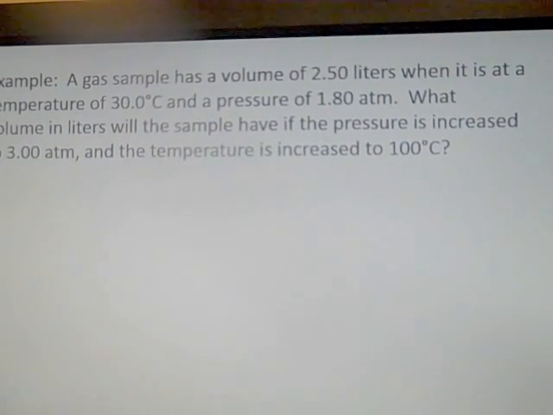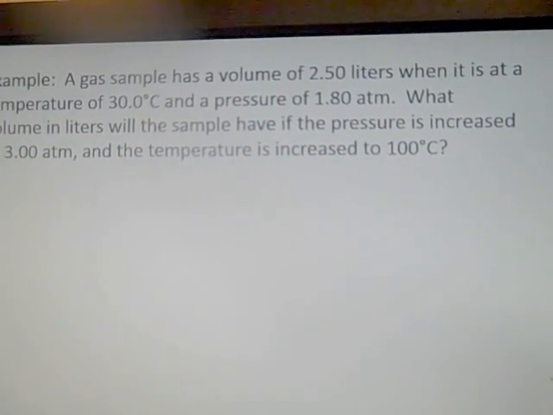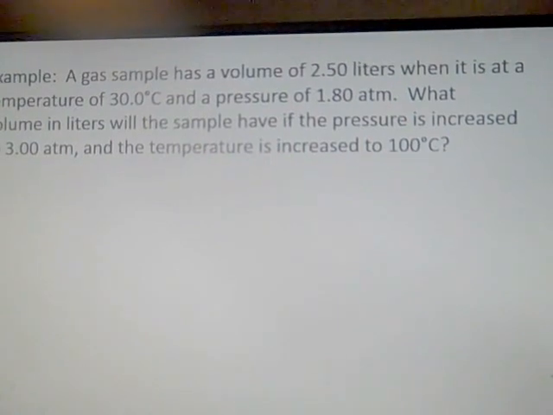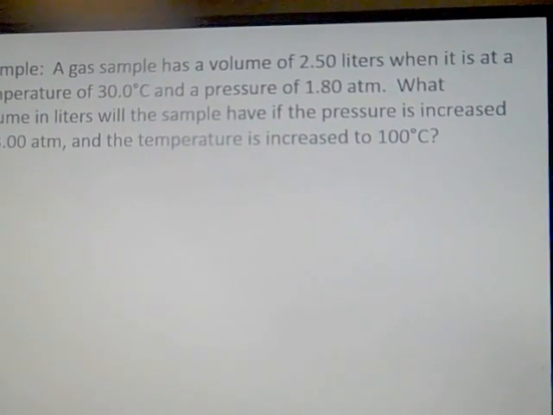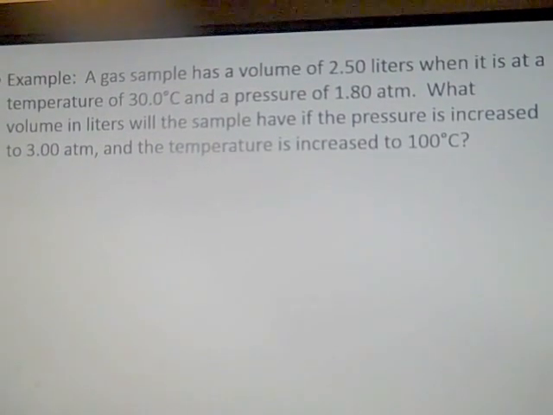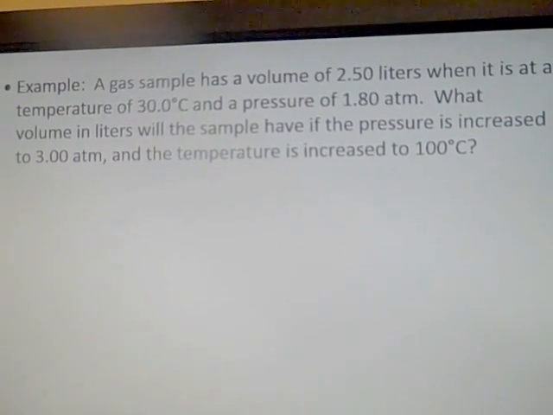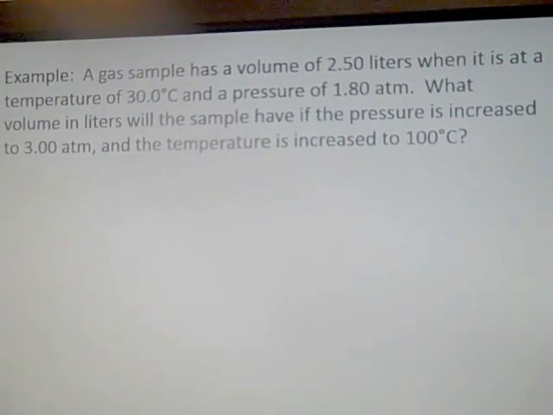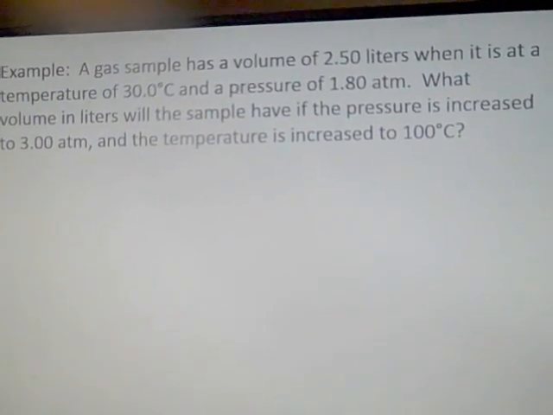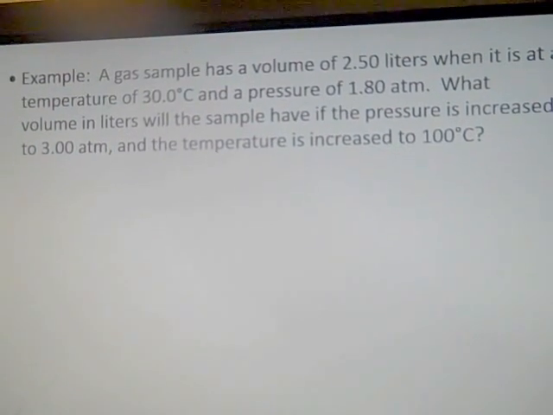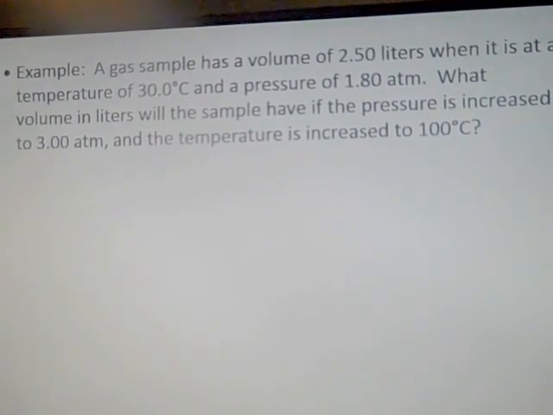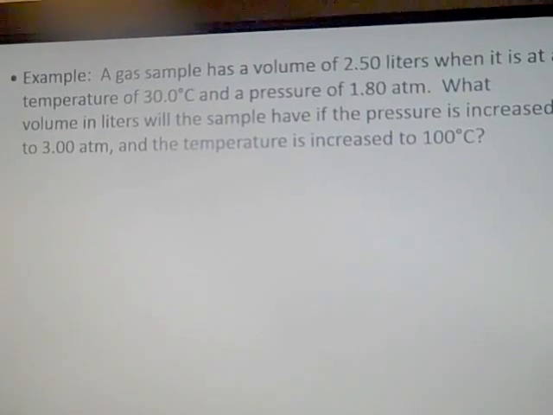What volume in liters will the sample have if the pressure is increased to 3 atmospheres and the temperature is increased to 100 degrees C? So basically, this is a combined gas law question. You're asked what happens when you go from one state to another state, and how would you solve for that?